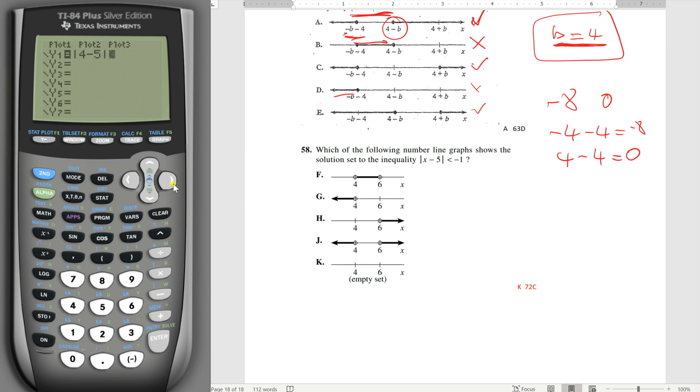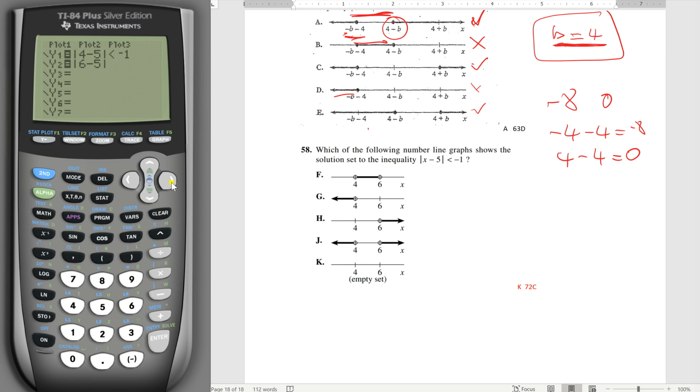Oh, for Pete's sake. -1. And then we can come down and do that again, math, number, absolute value, and do 6, because that's the 2 numbers in the answer choices. So we'll see if either of them satisfies it.